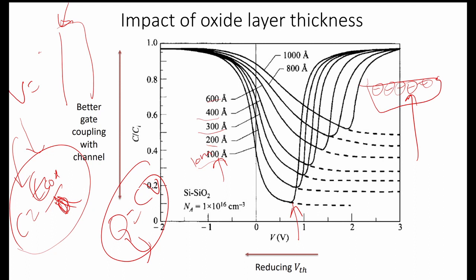Lesser is the thickness, more is the generation of charge, we can say there is more control of the gate voltage over this channel. So the threshold voltage will be lesser. If we increase the thickness, we are doing nothing but increasing the threshold voltage only. Okay, this is the thing.